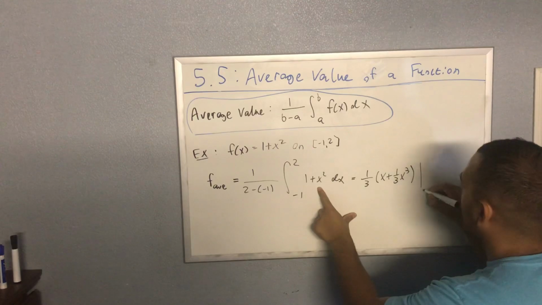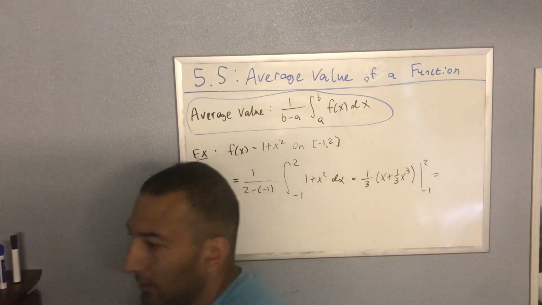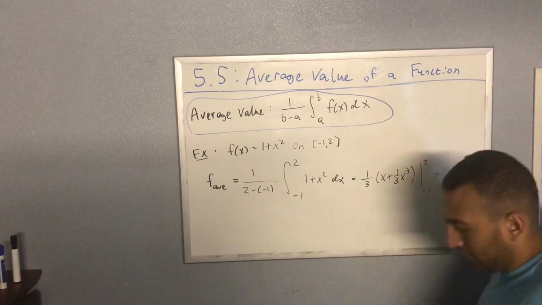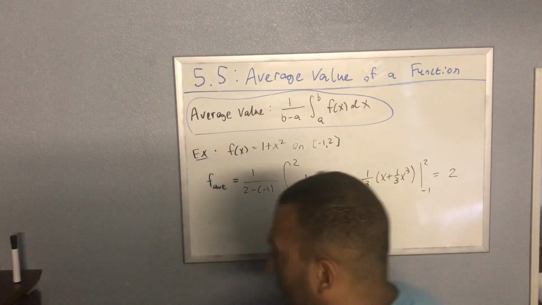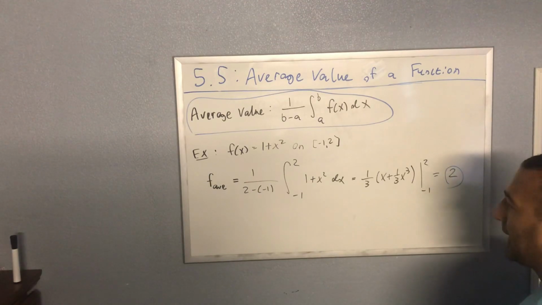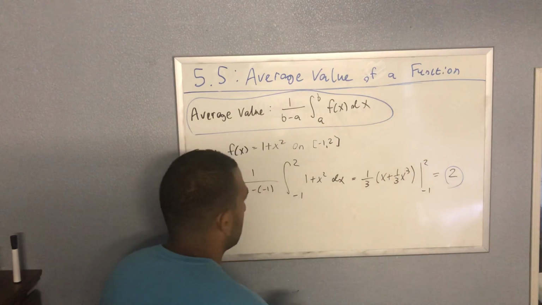And then you evaluate this from -1 to 2, which ends up giving you just 2. So the average value of this function is 2 as well.